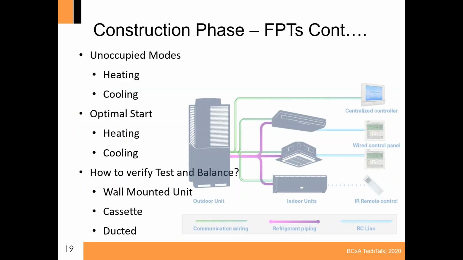Other modes to test in your FPTs, depending on what the owner has or what the engineer has specified. Unoccupied modes, testing in heating and in cooling. Typically, the set points for that are 85 for cooling and 55 for heating. And the way I would test it is just command through the schedule, get everything into unoccupied mode, and then offset that set point to above or below the current reading.